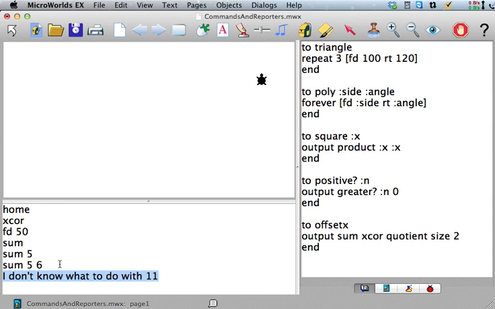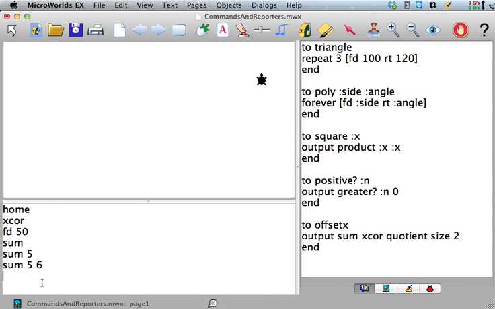As soon as a reporter has all the inputs it needs, that's when you see this error message come up. It has the inputs it needs and it likes those inputs, but it doesn't know what to do with the answer.